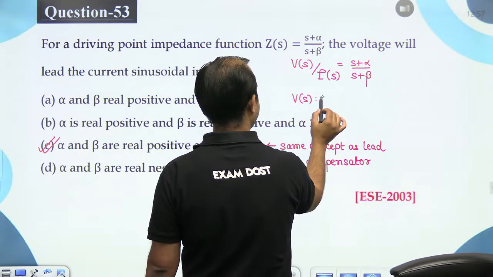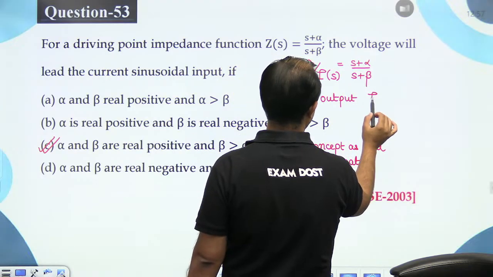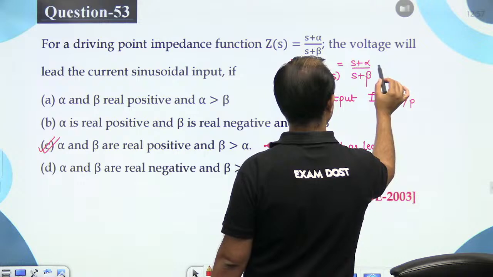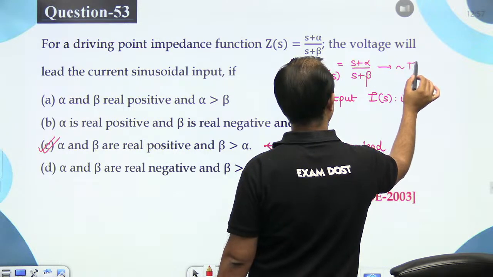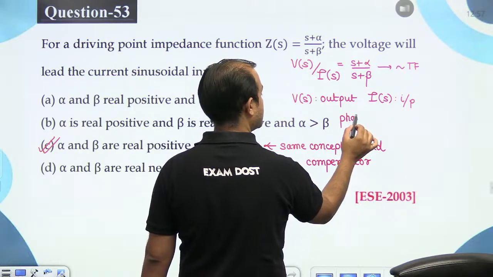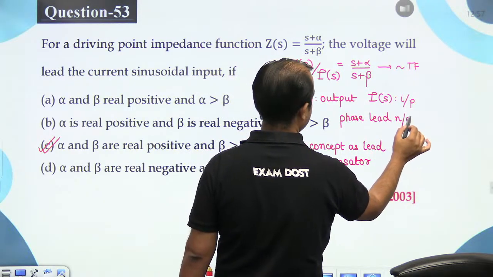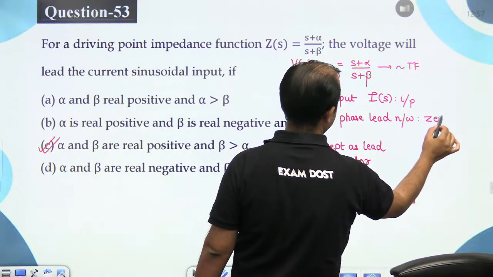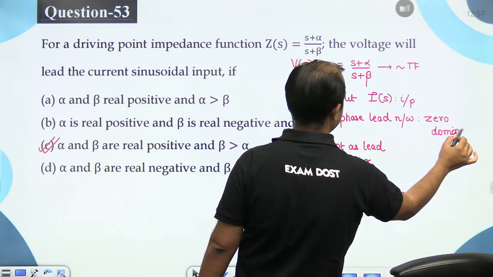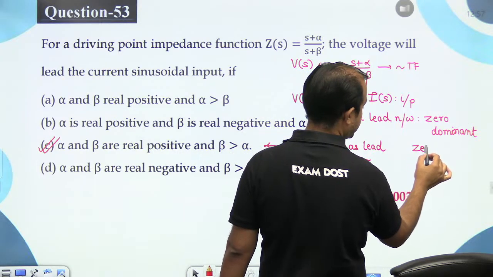So this is behaving like a transfer function. VS is the output, IS is the input. So this is basically similar to a transfer function, correct? So phase lead network is zero dominant. Means zero is closer to origin, correct? Zero is closer to origin.